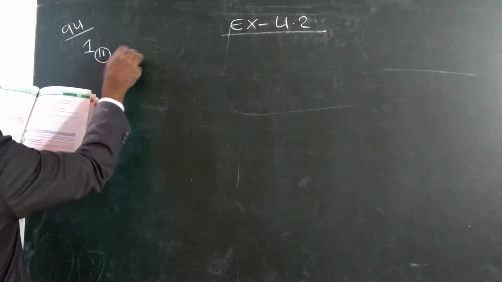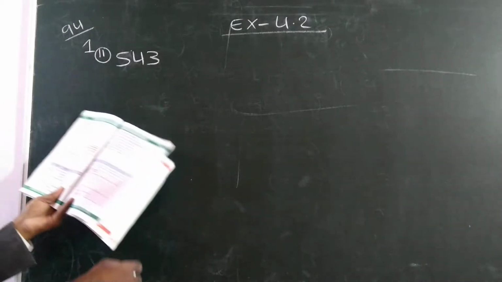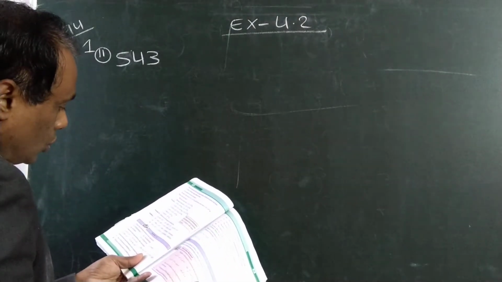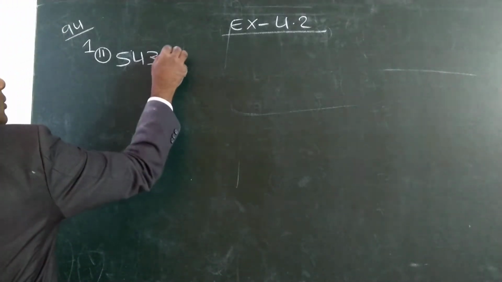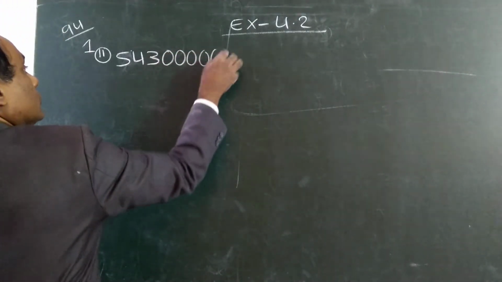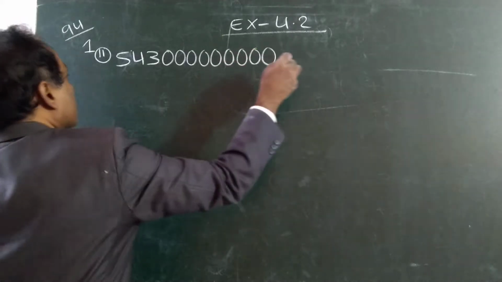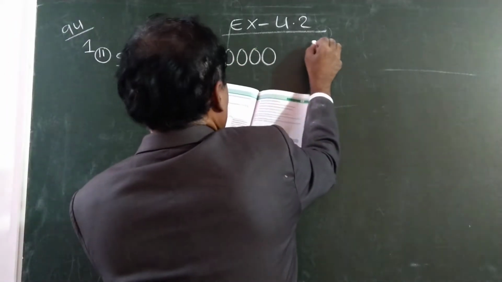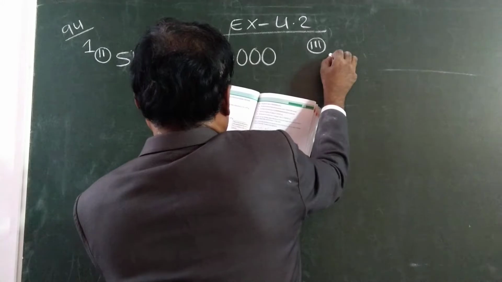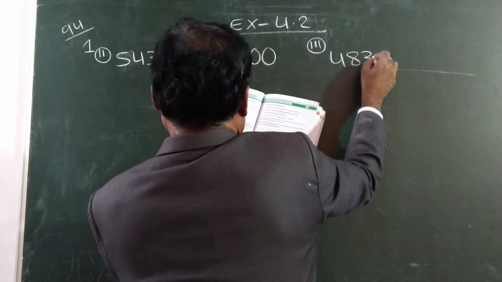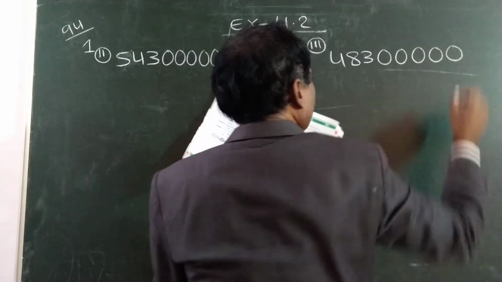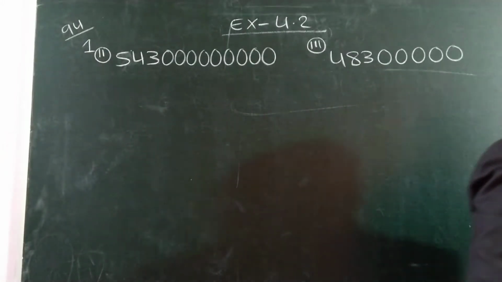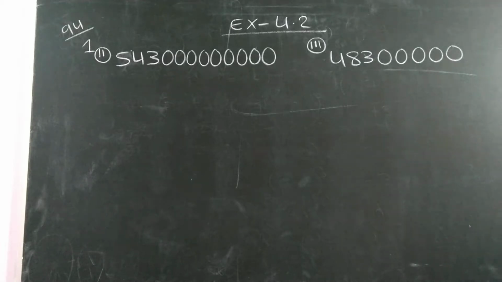Write down the first question, first bit: 5, 4, 3, and 9 zeros. See, students, 5, 4, 3, 9 zeros.